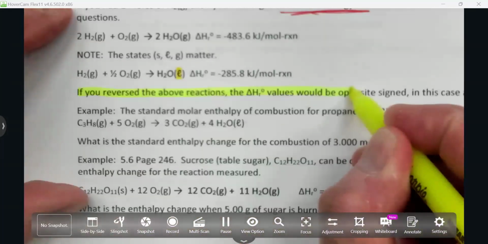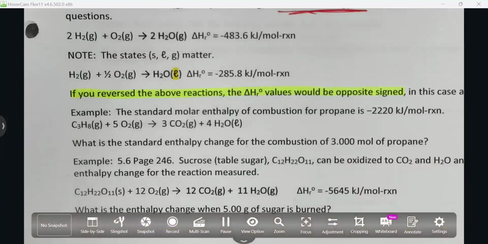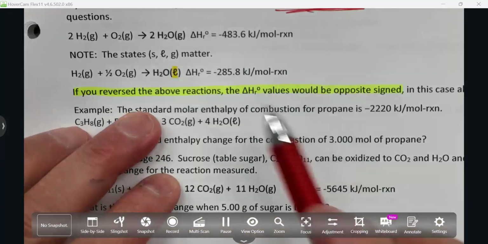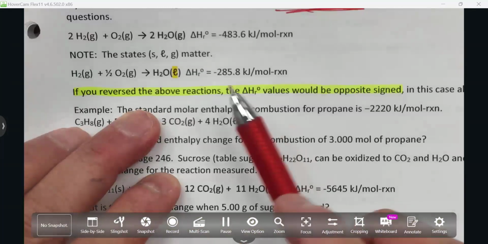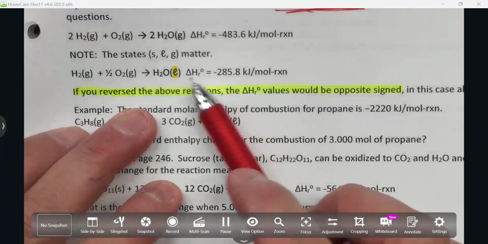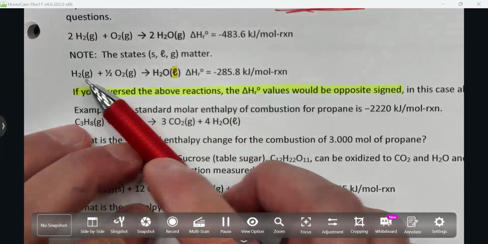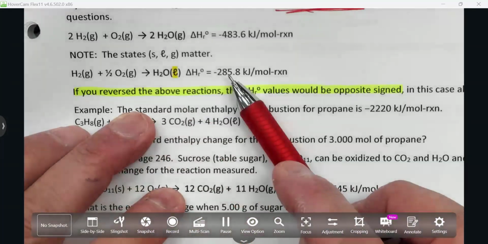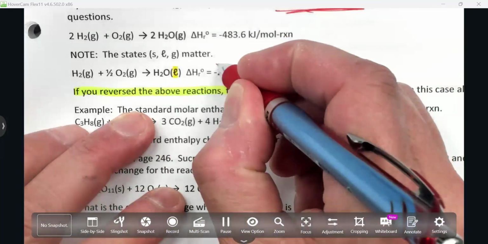If you reverse the reaction, you reverse the signs. So, for example, if you're going to combine hydrogen plus oxygen to produce water, this is exothermic.